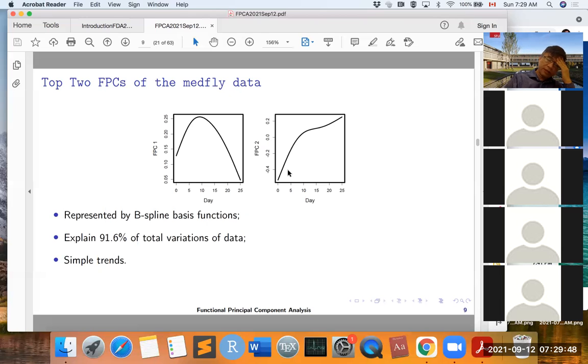Another thing I want to mention is that the LPCs are identifiable only up to a sign. So you may get the second LPC positive at the beginning and negative in the later stage. In that case, it's fine. You can multiply by -1 and you will still get this trend.